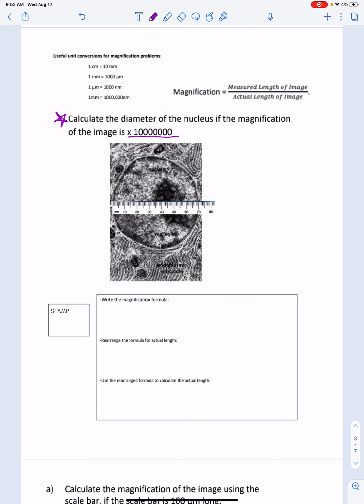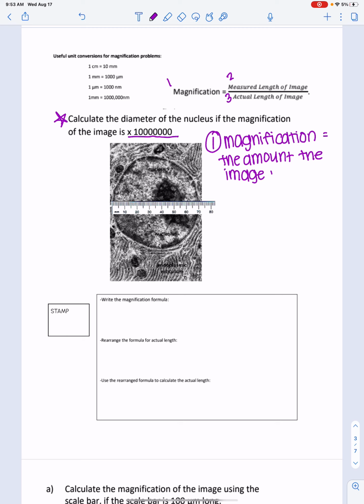The first thing I want to make sure we understand is what each of these three variables actually means. Our first one is magnification, and magnification is pretty much the amount the image is zoomed in.